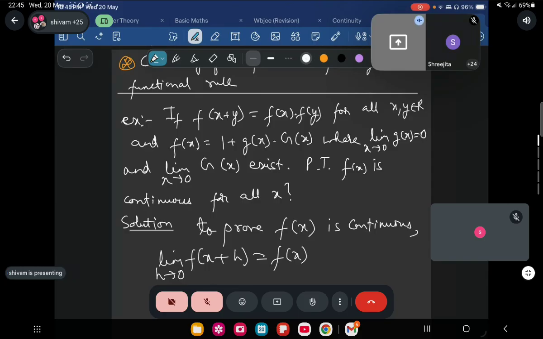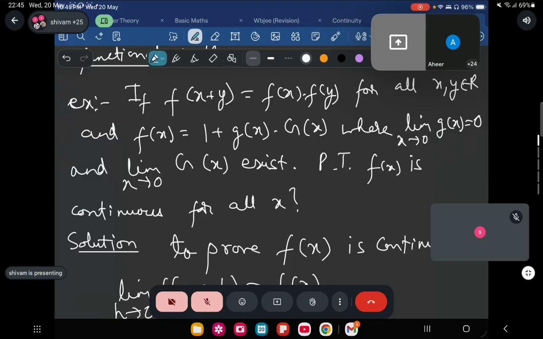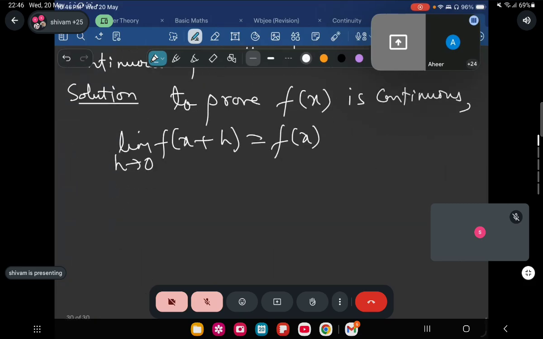Right. Sir, I've understood what to do now. Wait a minute, f of 0 has to be equal to 1 only. And then from the equation we can find it's continuous for all x.